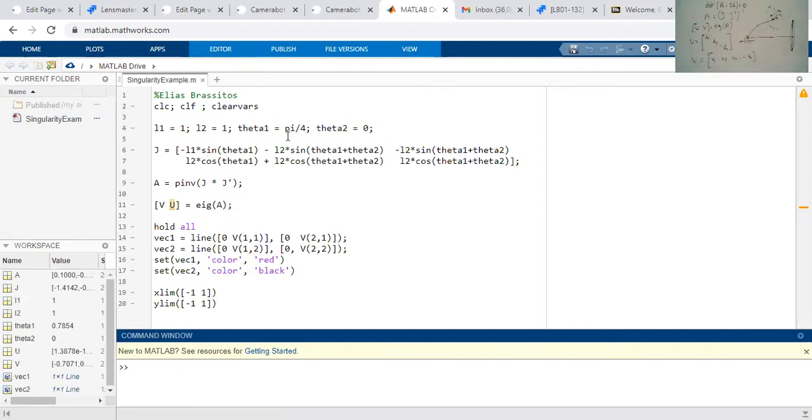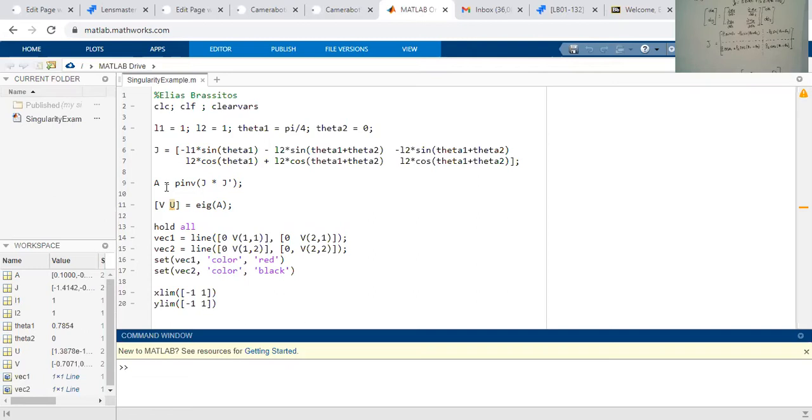This is the example that we have. I have L1 equal to 1, just some arbitrary link lengths for link 1 and link 2. And these are my thetas. Theta 1 in this case is pi/4, theta 2 is 0, and J is my Jacobian. We've already calculated our J. You can do this by hand, or you can also do it in Matlab using the diff function that we spoke about. So this is simply my Jacobian.